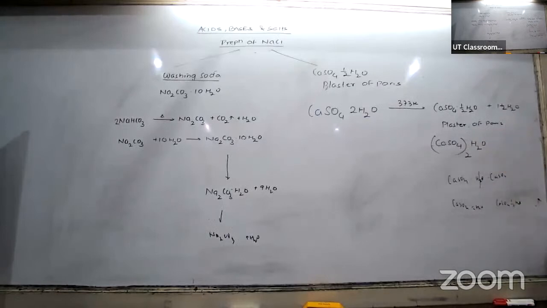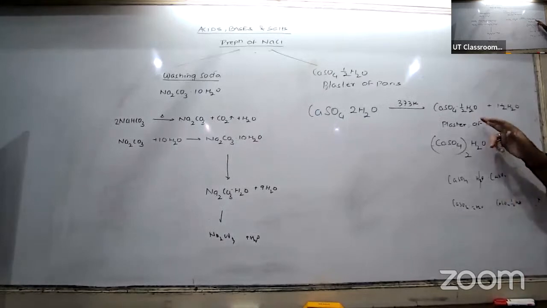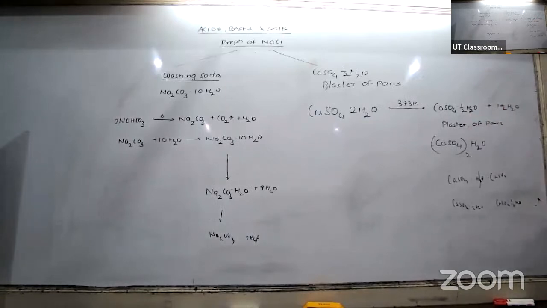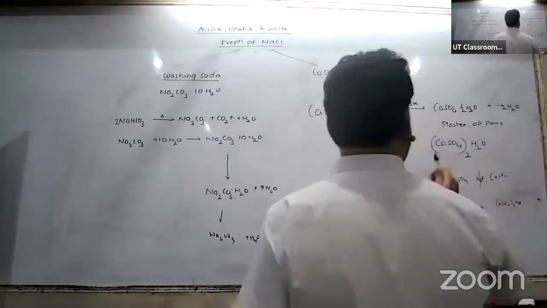Now, how do you actually use it as a binding kind of agent? Now, this plaster of Paris is stored in an airtight container. Why? Because if it absorbs, for example, 1.5 water molecules, it becomes a hard mass and you cannot reuse it. Now, what actually happens when this calcium sulfate half H2O is used?